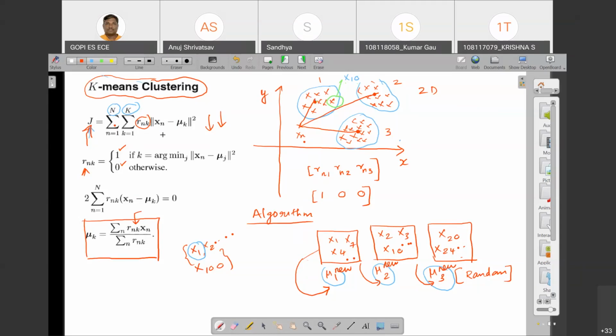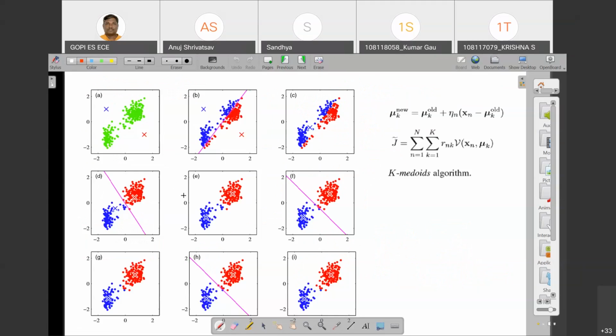how exactly the thing happens, right? So in this example, you see that this is the data, right? So this is the initial value, right? So you see how the cluster is happening at every stage, right?